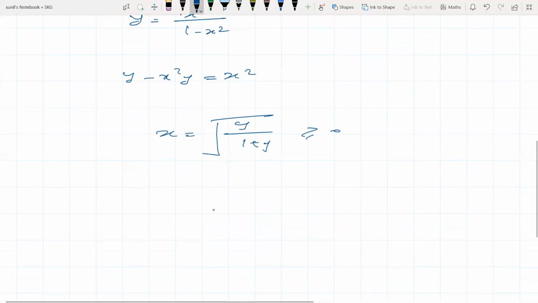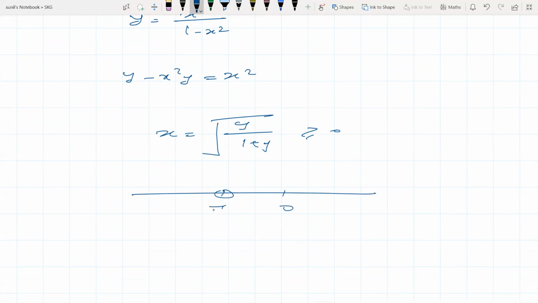Usually this y cannot be minus 1, and positive region you can check, so if they are giving minus infinity to minus 1, open interval, union 0 to infinity.